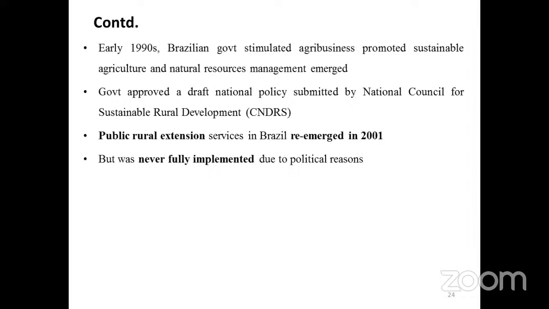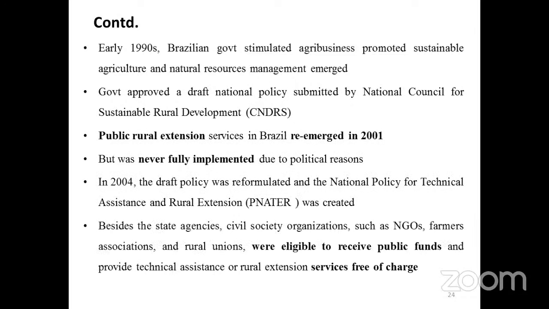Later they started promoting mostly agribusinesses for sustainable agriculture and natural resource management. They saw a re-emergence of public rural extension services in 2001, but it was only on paper, mostly in policies, but it was never fully implemented.